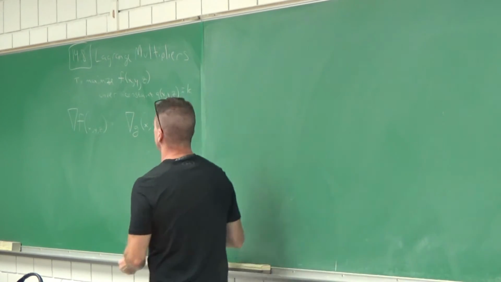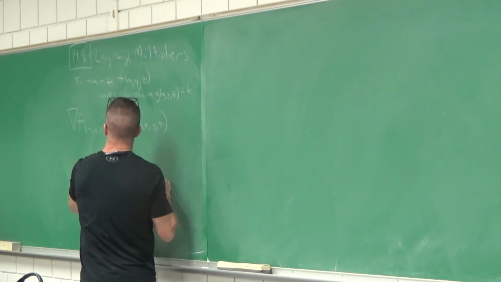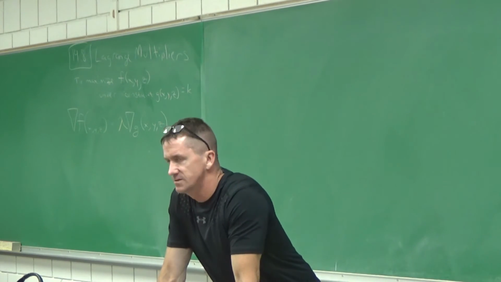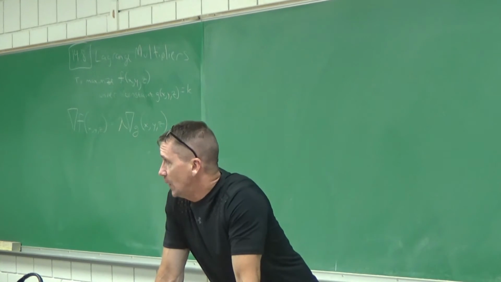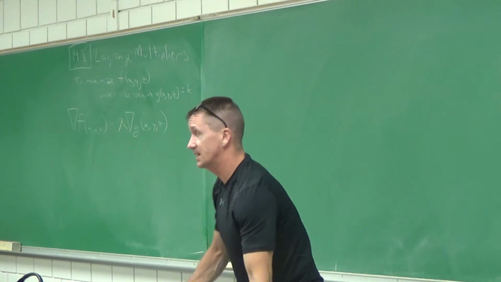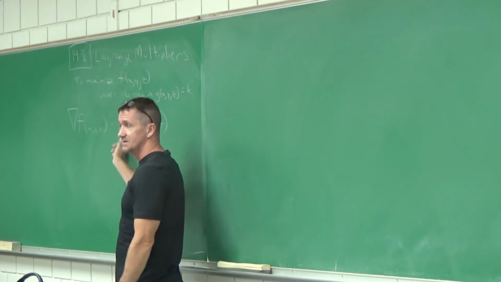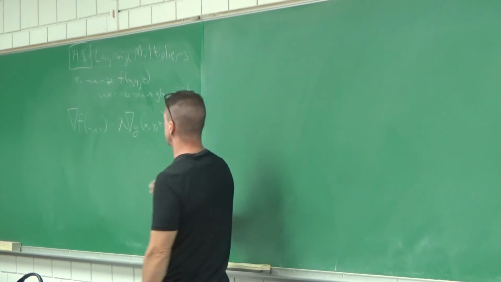I'll stay consistent with the textbook. With most textbooks, they use the Greek letter lambda. So we put a lambda right in front of that del g, just to say that's another constant. If you hate the Greek letter lambda, you could just use a letter like m or c. That's the idea. It's going to be some constant.